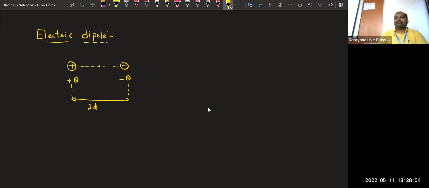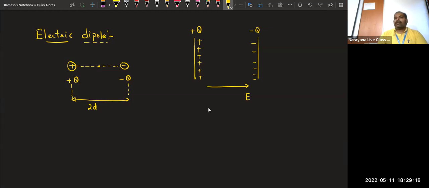Rotational properties means this is one positive charged plate and this is one negative charged plate. This is a plus q and this is what minus q. What direction of the electric field? What direction of the electric field equal to capital E?